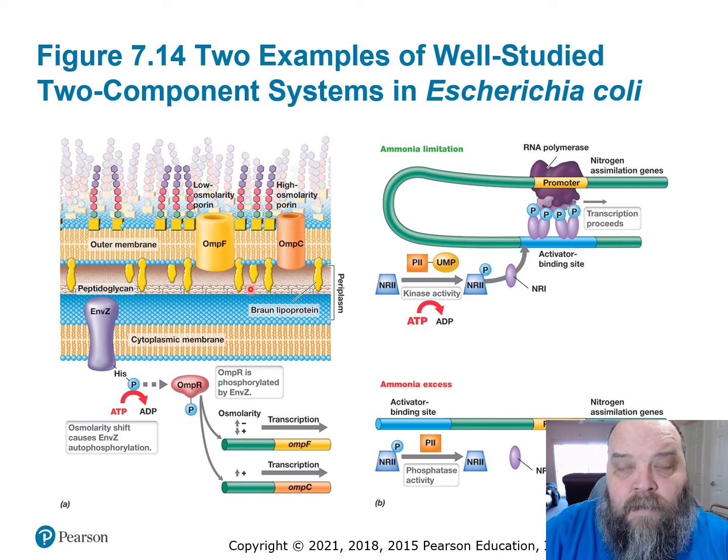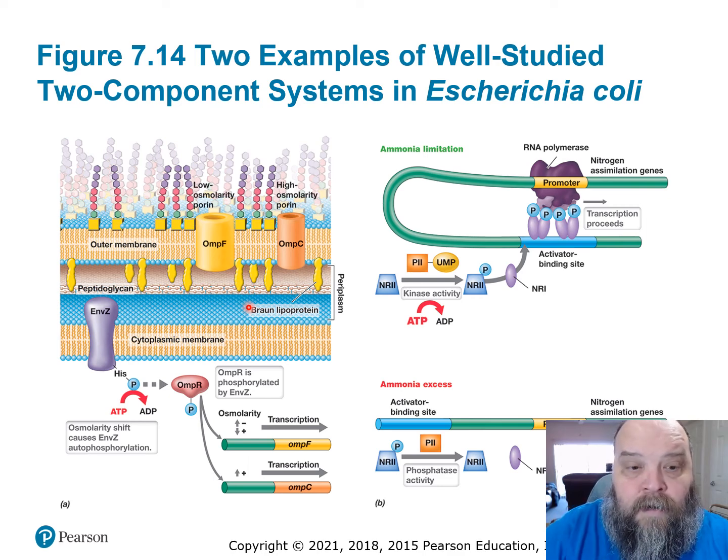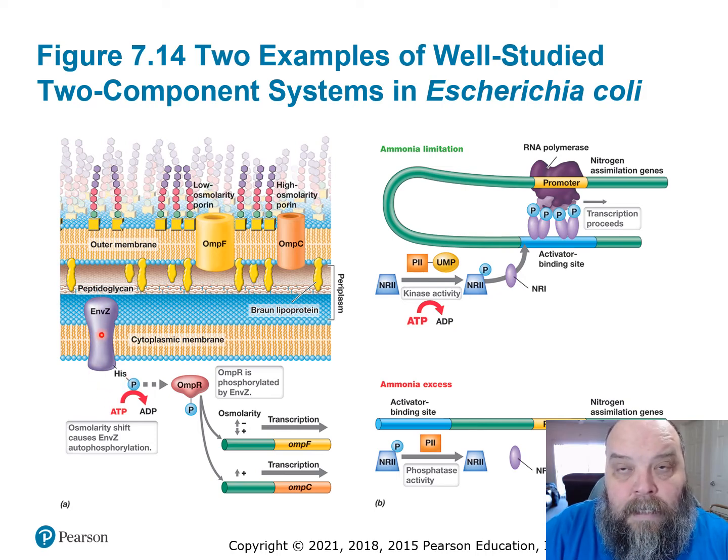But these do not have any impact on gene expression in response to changes in solute concentrations. That's right here with NVZ, embedded in the cytoplasmic membrane, not the outer membrane like OMP-F and OMP-C.